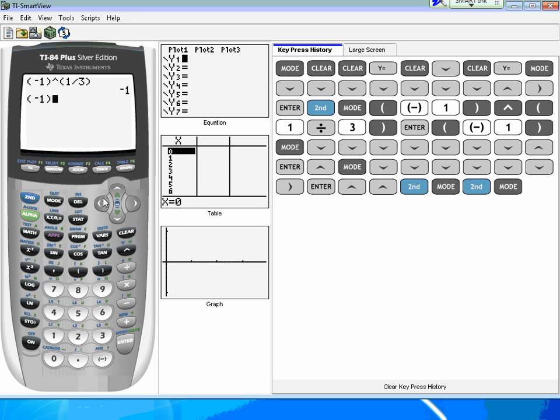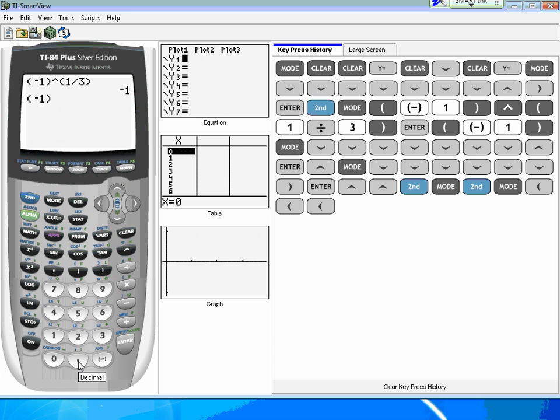There it is. Okay, so now if you try to go negative 1 to the 1/3 power, the calculator will just spit out negative 1. So we have to trick it a little bit and say, well, what does negative 1 equal in terms of imaginary numbers? And you're right, negative 1 is i squared. So where is i hiding on this calculator?